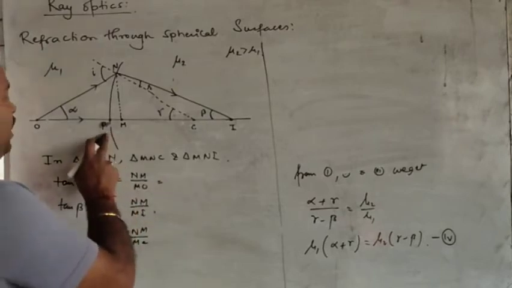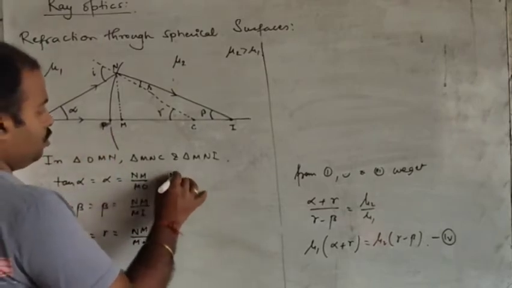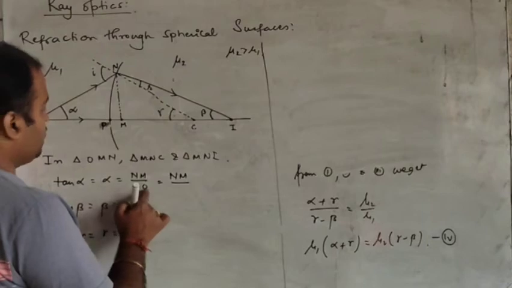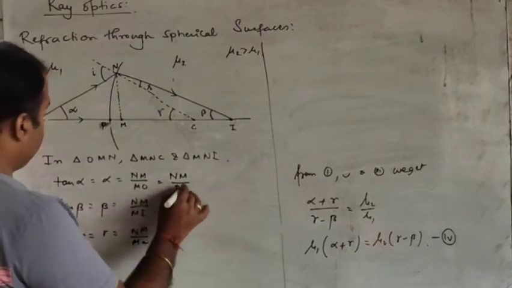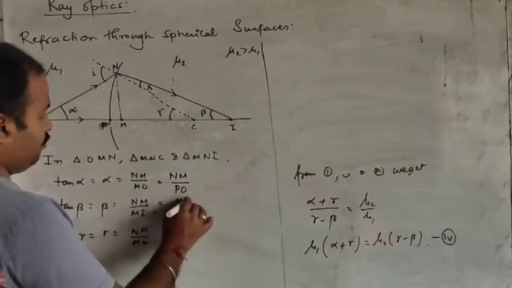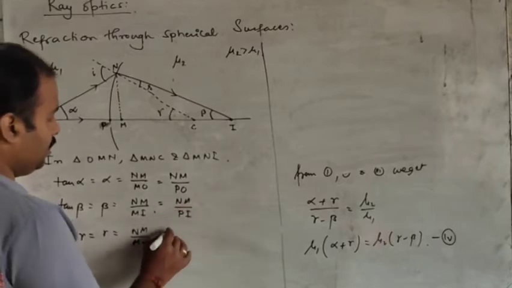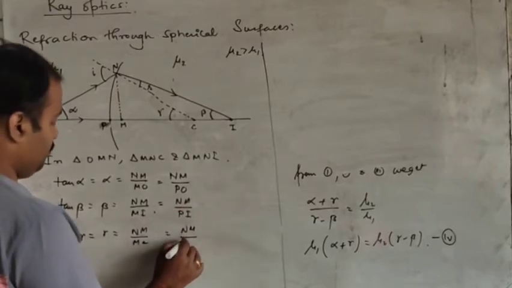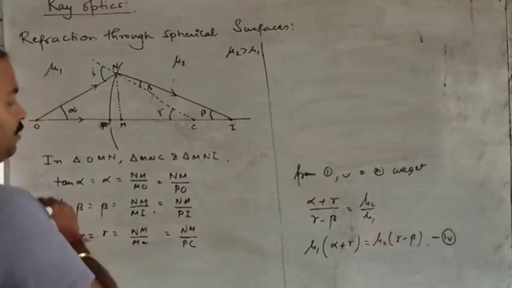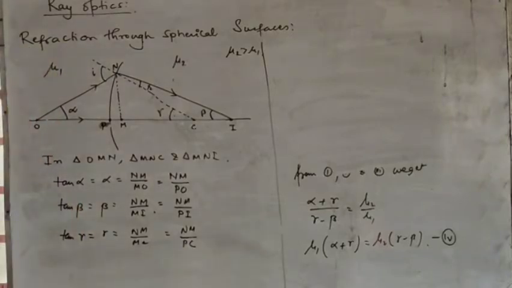Now since M is very close to P, instead of MO I can write PO, instead of MI I can write PI, and instead of MC I can write PC. So these are the values we get.